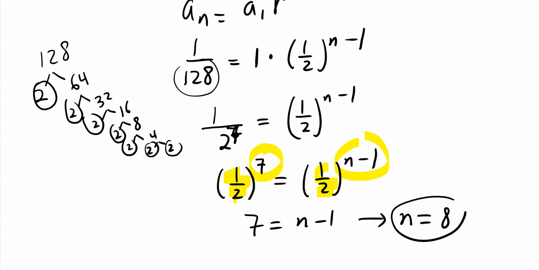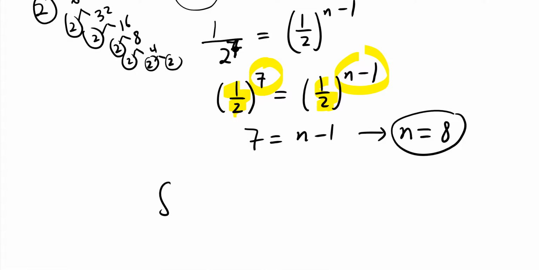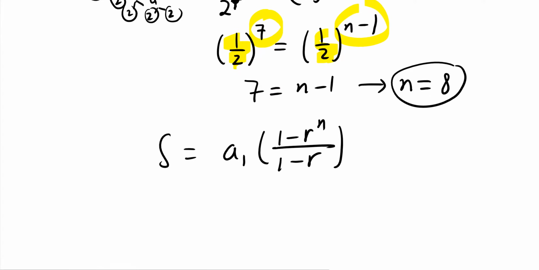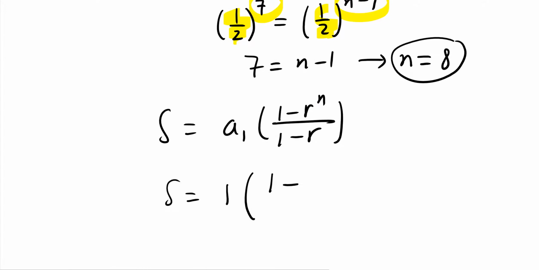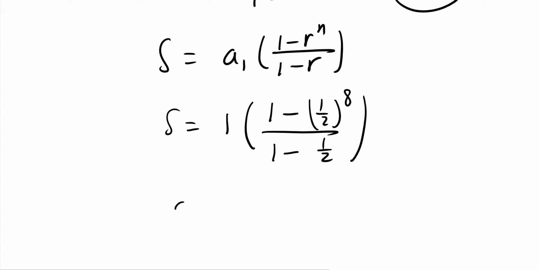I found n, but I'm not done. Now I need to find the sum. The sum formula is a_1 times 1 minus r to the n over 1 minus r. So a_1 was 1, r is 1/2, n is 8, over 1 minus r, which is 1 minus 1/2. 1 minus 1/2 is 1/2 in the denominator.